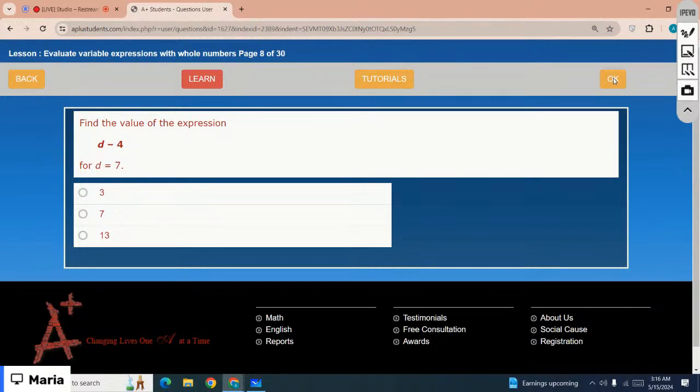Find the value of the expression d minus 4 for d equals 7. So, which is the correct option? The correct option is, yes, 3 it is. 7 minus 4 is 3.